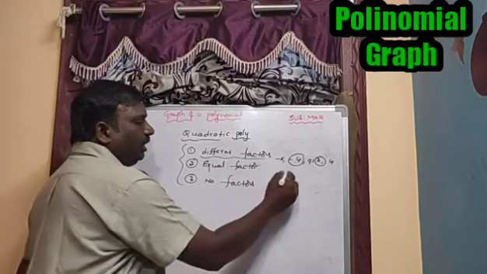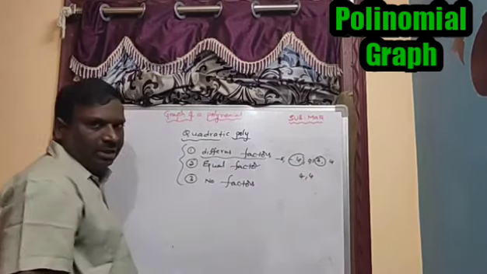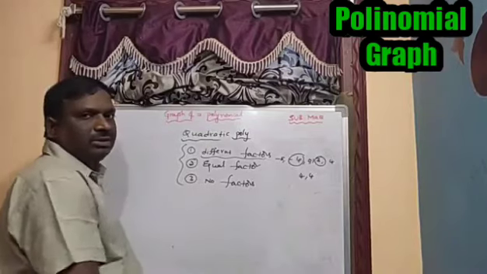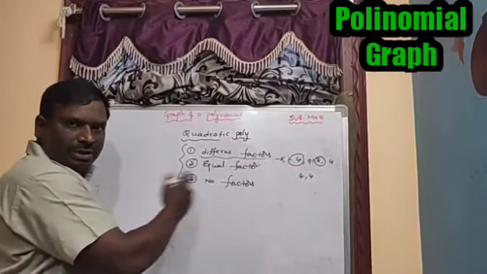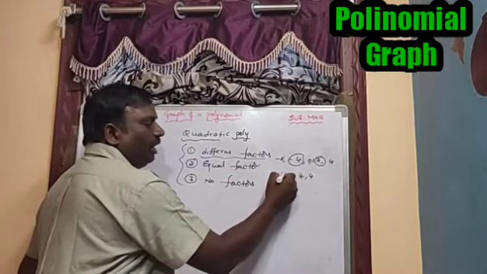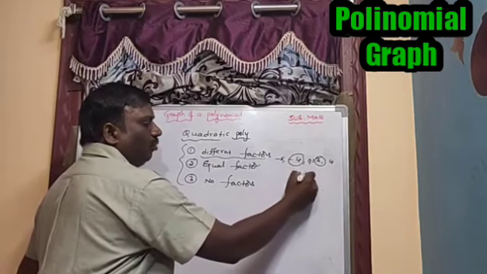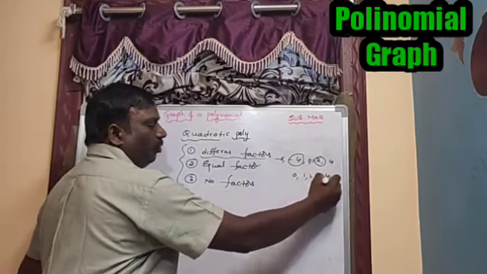When two factors are equal, sometimes we will get 4 and 4, equal factors. In this case, we cannot take values before or after. So you can take values from negative up to 0, 1, 2, 3, 4.